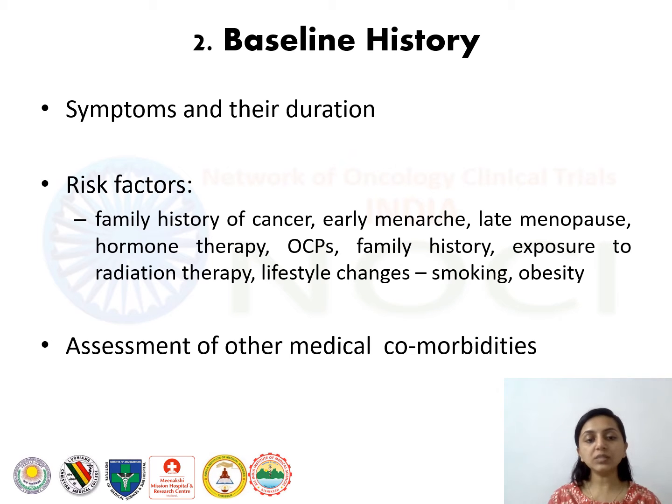Now, apart from these, we need to get a detailed history of her medical comorbidities, including hypertension, diabetes, cardiac disorders, any other illness like asthma or thyroid disorders, etc., and the medications that she is taking for the same.